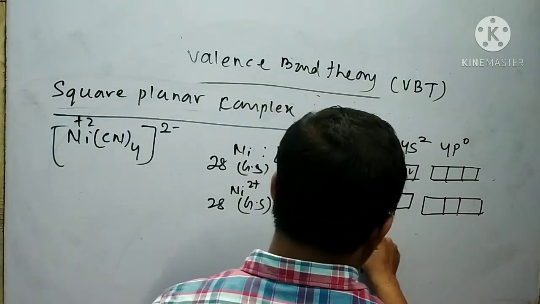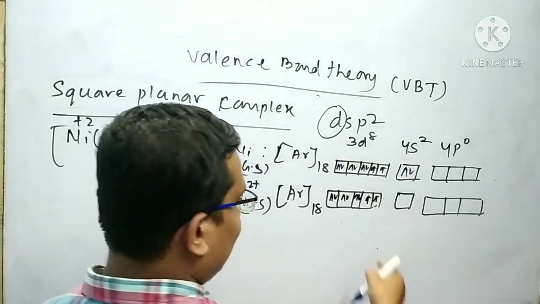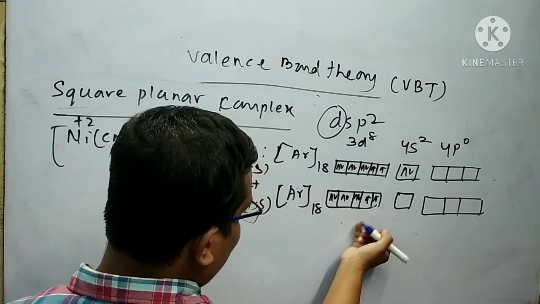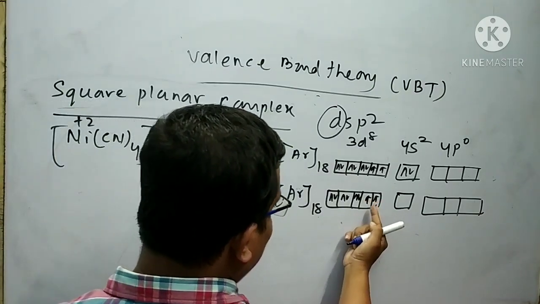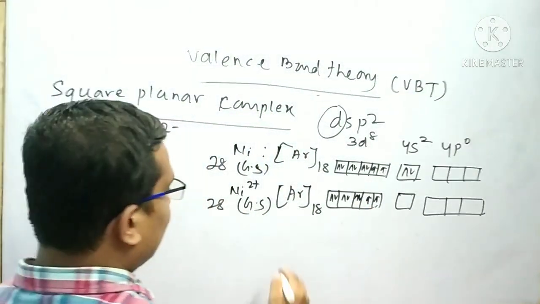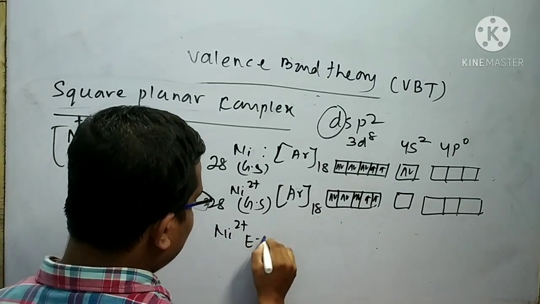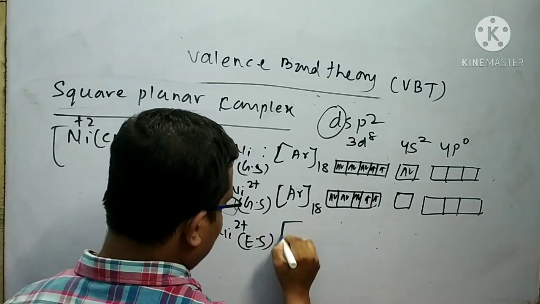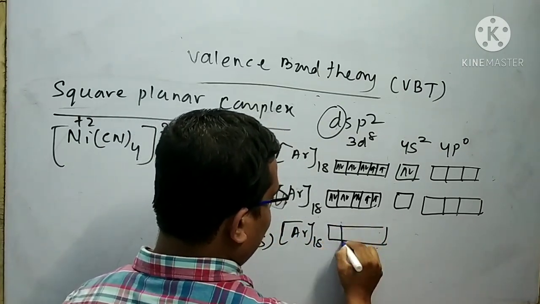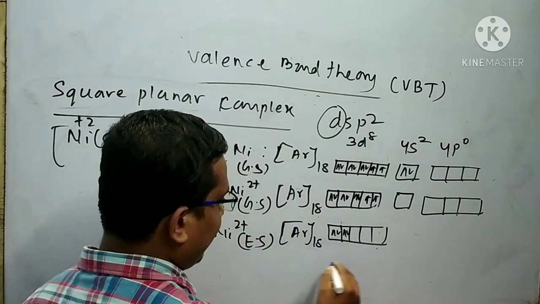Look at that, here the inner d orbital is unpaired. So remove this electron and place it in this orbital. So I can write the excited state like this. This is your excited state of Ni2+.